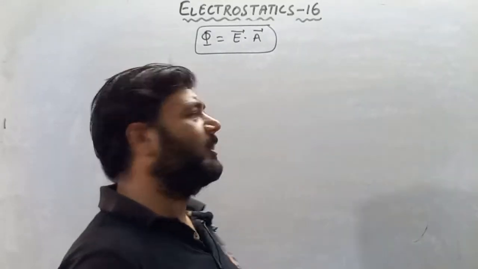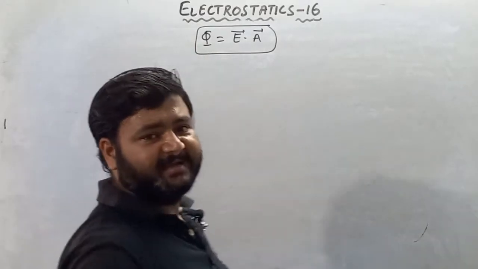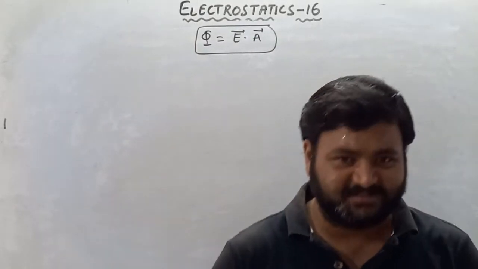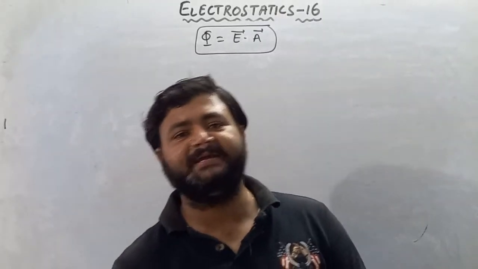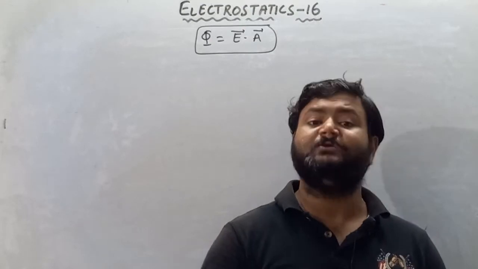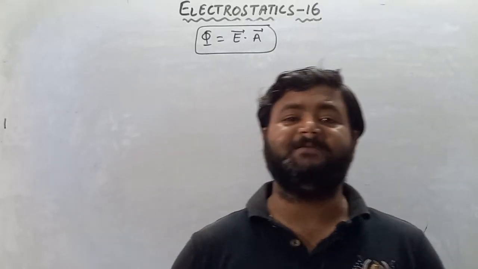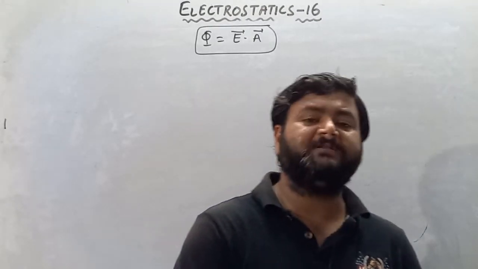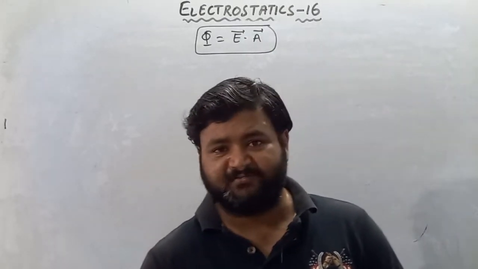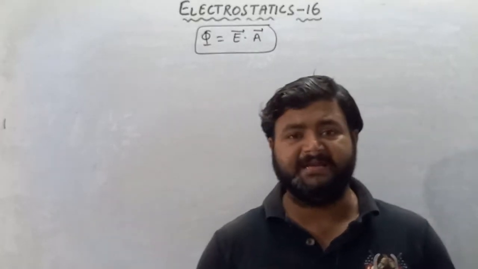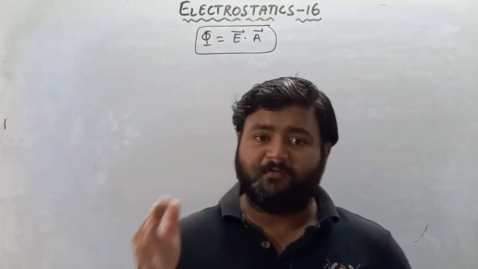I hope you all understand about electric flux. Electric flux is basically the number of electric lines of force passing through any given area. If the term given area changes into unit area, then flux is converted into density, because we know that density of electric lines of force means the number of electric lines of force passing through a unit area, which is 1 meter square.